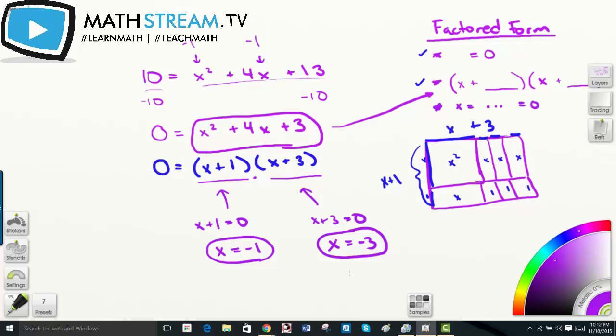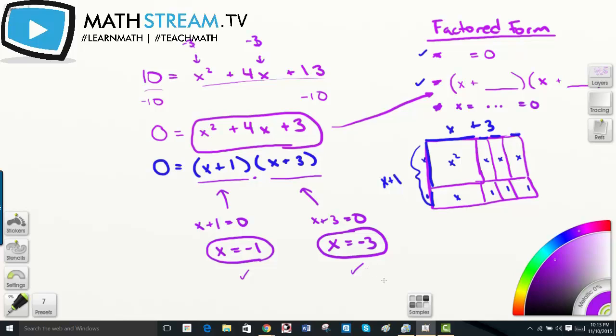So that worked. Believe it or not, it actually worked. Let's see if the same thing happens for -3. If I plug in -3, -3 squared will give me 9. It's plus 4 times -3, that's -12. So 9 minus 12 is -3, plus 13 is 10. So again, if I plug in -3, I get 10, and it's true.